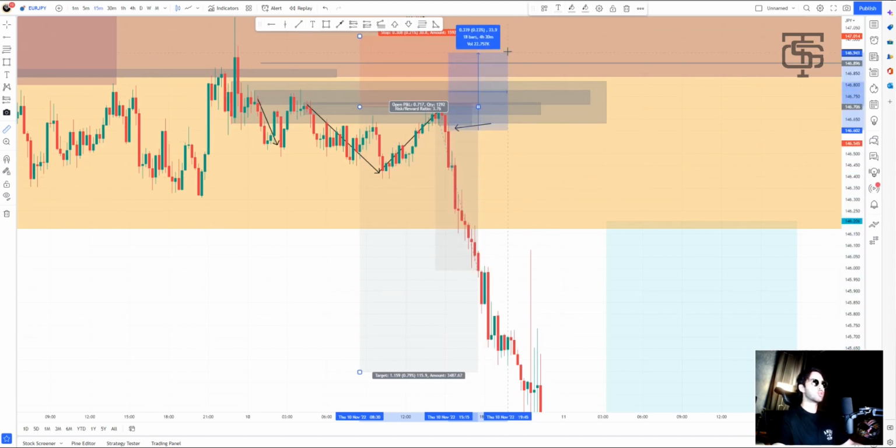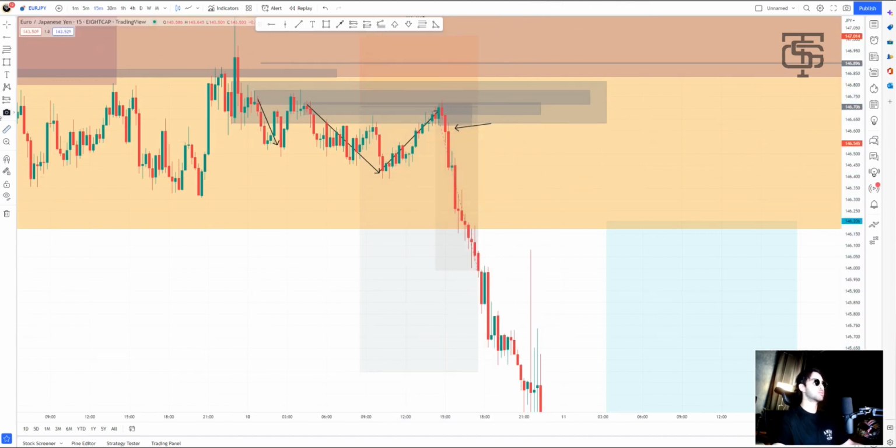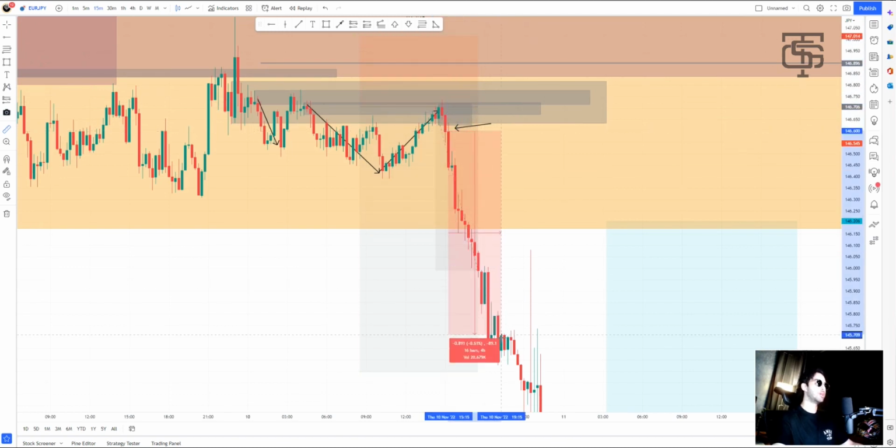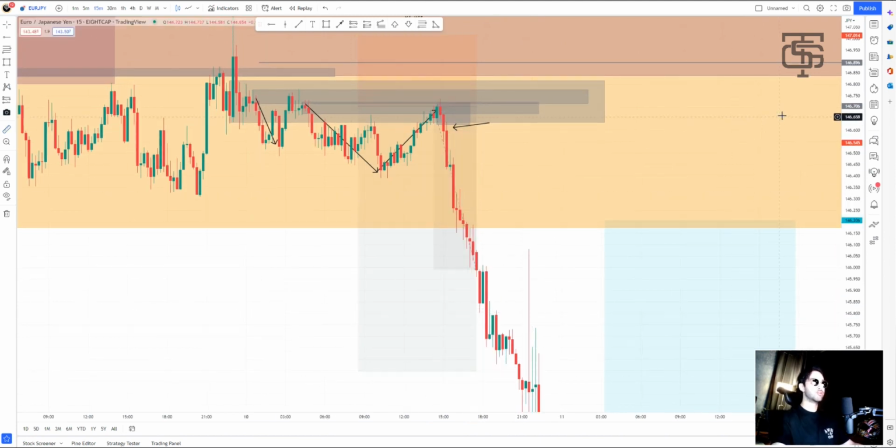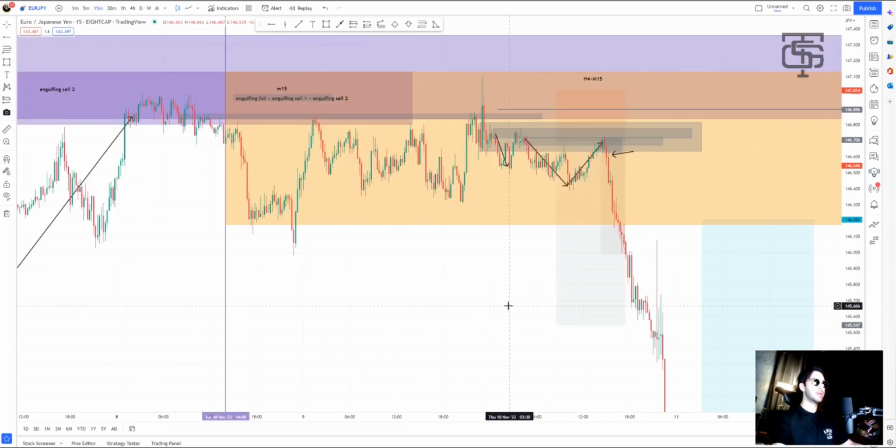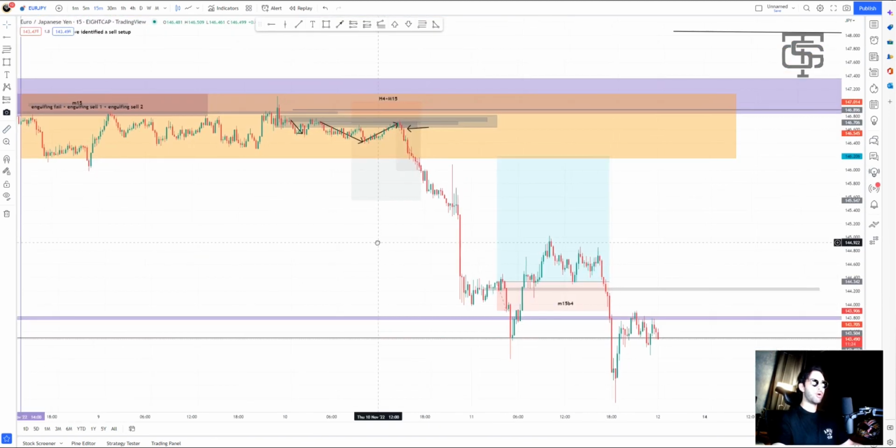And remember, our stop loss was only, I think, from this moment 30 pips, 40 pips. So your take profit should at least be double, which is around 80 or 100 pips. So first setup success. Euro JPY dropped all the way down.